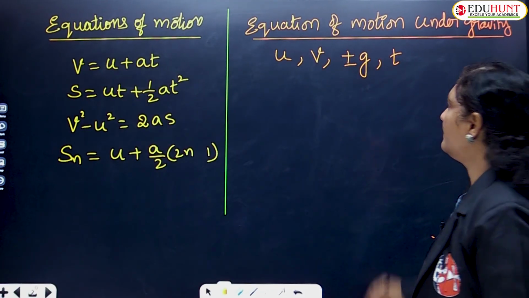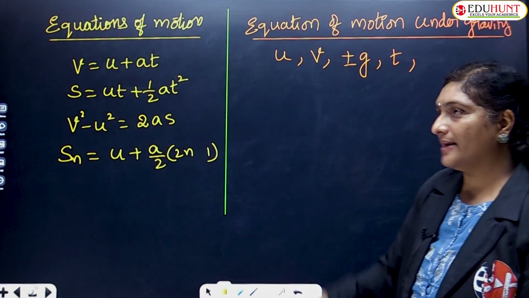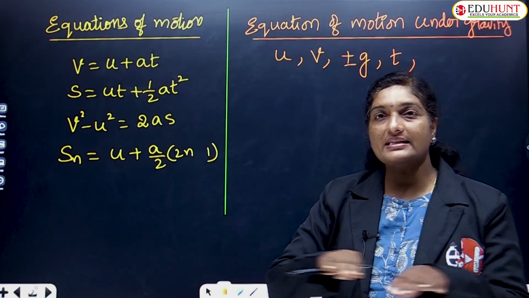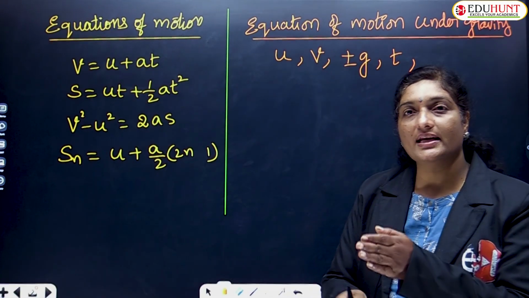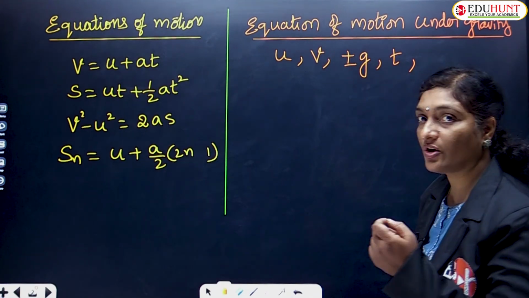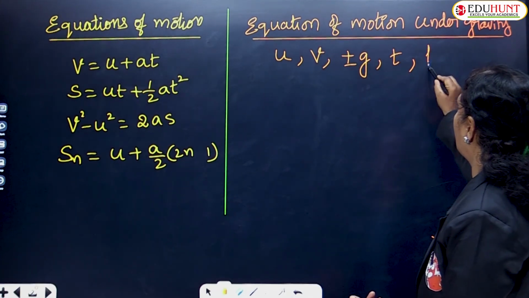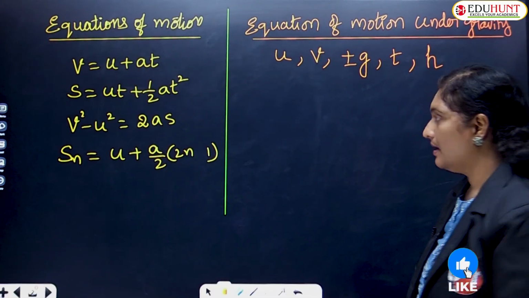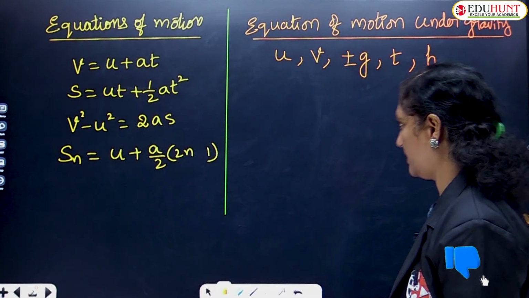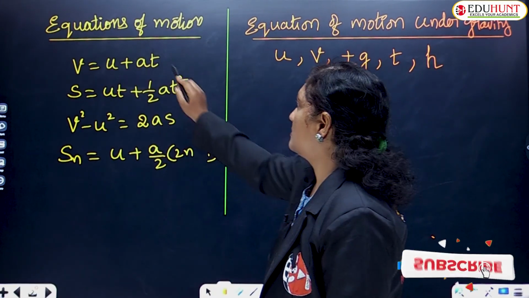For a freely falling body, hn is taken as g by 2 into (2n minus 1). The nth formula is nothing but g by 2 into (2n minus 1), the formula to be used for all aspects.